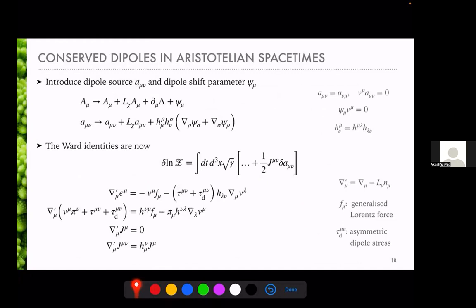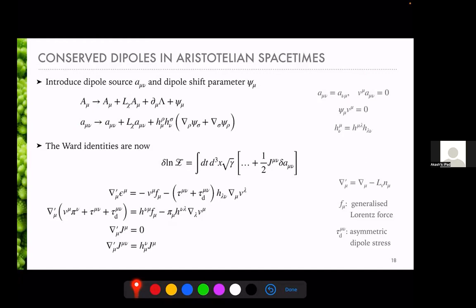Okay, this was just an aside, and now I want to do this for a system with dipole symmetries. So I want to talk about this mu, but now in addition, I want to introduce this new symmetric tensor field, A mu nu. This is symmetric and purely spatial, so that when you contract it with the background V, it will give rise to 0.